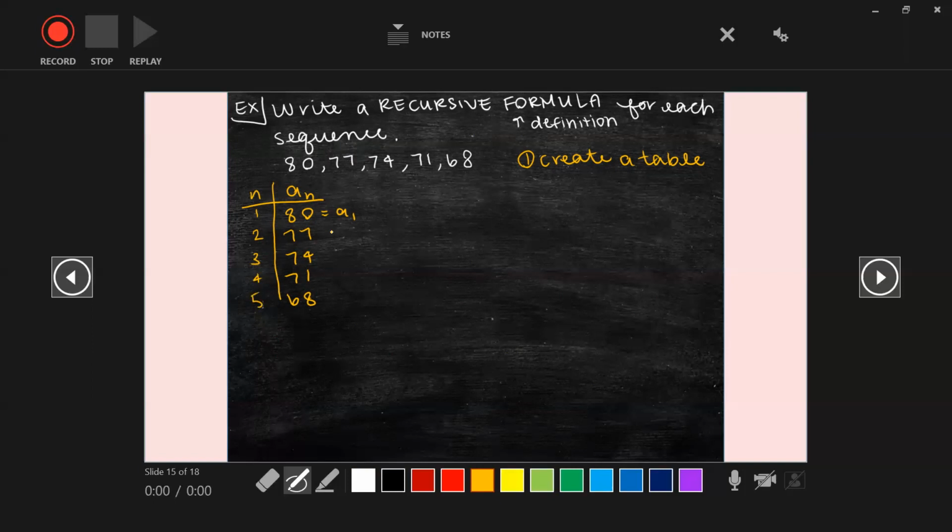So another name for 77, just like another name for 80 is a sub 1, what's another name for 77? A sub 2. What's another name for 74, Emma? A sub 3, very good. What's another name for 71, Caden?